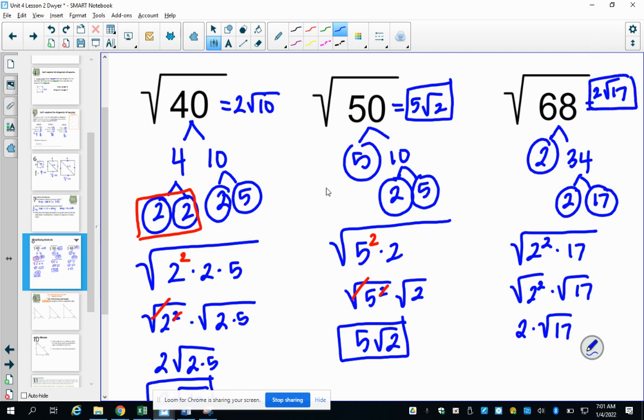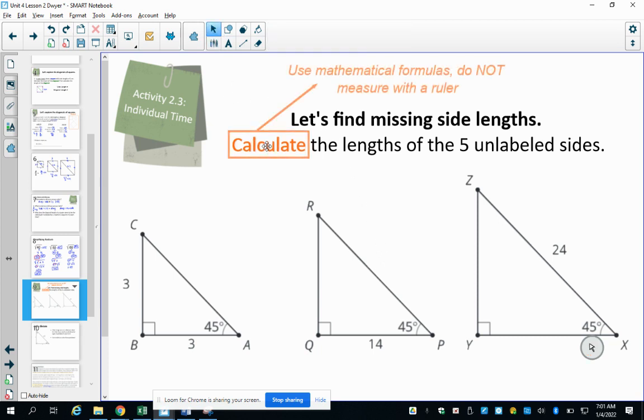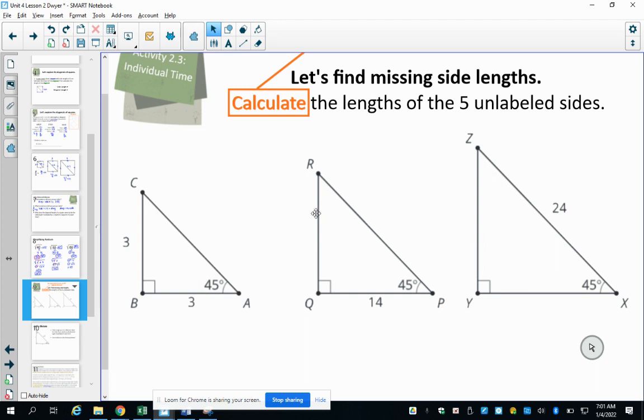What I want you to do is use this idea to generalize the pattern that we just looked at. Look at these three examples and calculate using the Pythagorean theorem. Remember, calculating, not measuring. We want to calculate using mathematical formulas, not a ruler, the lengths of the unlabeled sides.